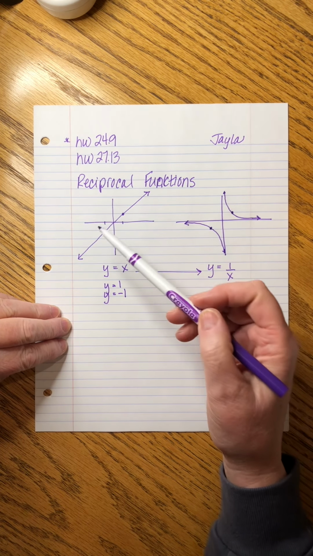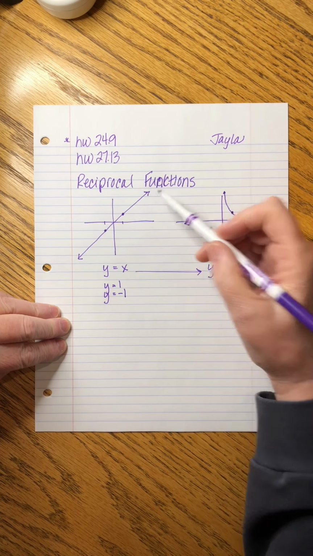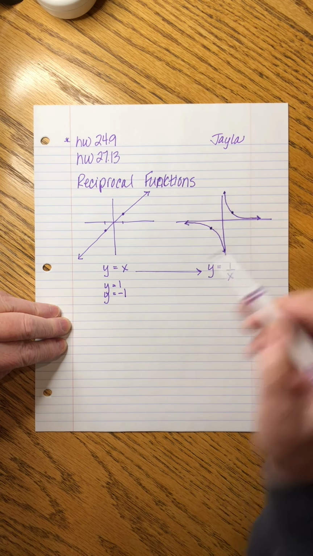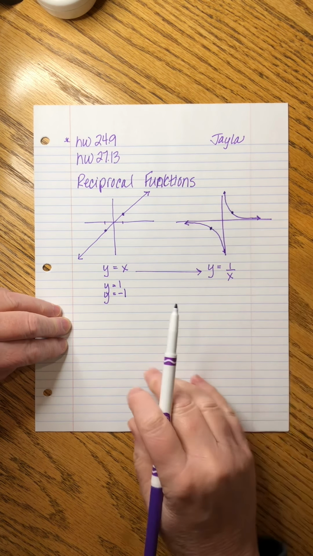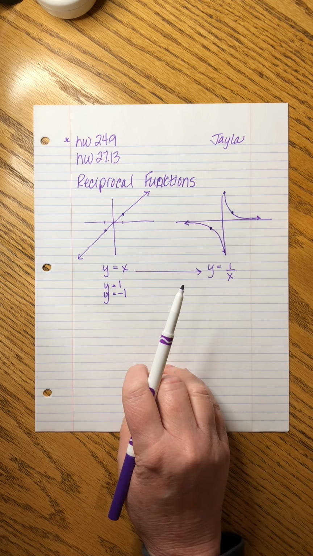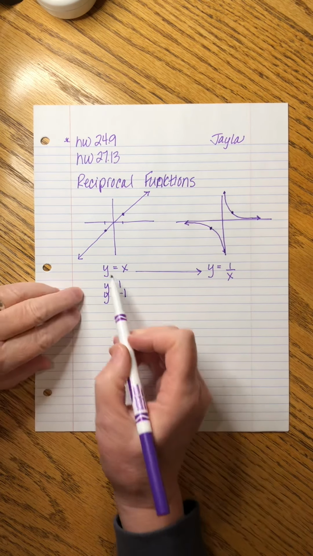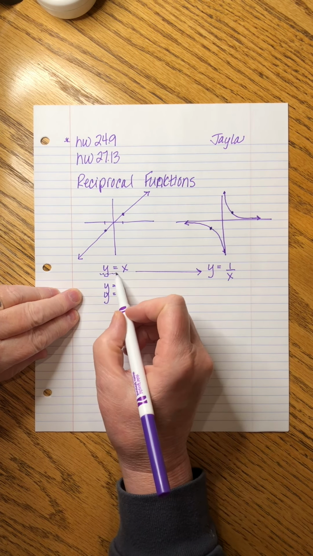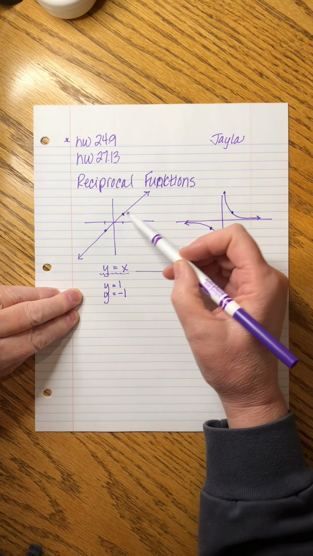This relationship always exists between reciprocal functions. One's a line, the other is a pair of curves, and they're always going to have 2 points that they share in common. And that's what John's trying to tell you in this problem, but he just gets so carried away with it. What he's doing, though, is he's taking this basic equation and he's making it a little bit messier so that this isn't such a neat, perfect line.